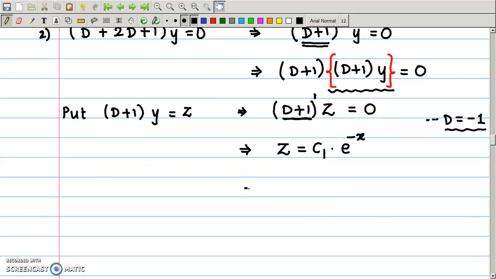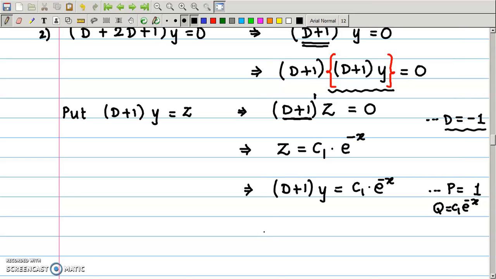Now we resubstitute the value for z. Since z is equal to (D + 1) y is equal to c1 into e raised to minus x, here we can find p is equal to 1 and q is equal to c1 e raised to minus x.